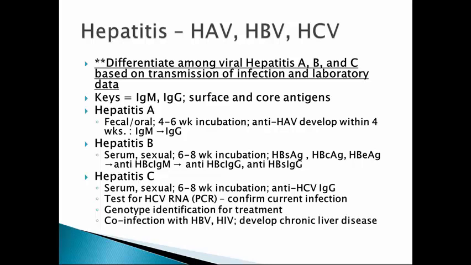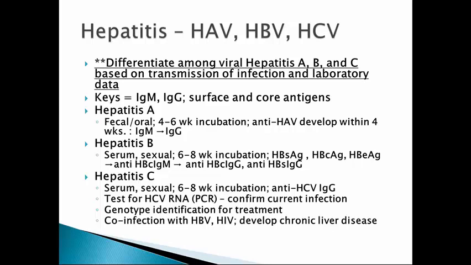The other reason it's important for us to have that RNA is that it helps us with the genotyping, because we need to know the specific genotype of their hepatitis C for their treatment. We know that there are about 6 different genotypes for the hepatitis C RNA.